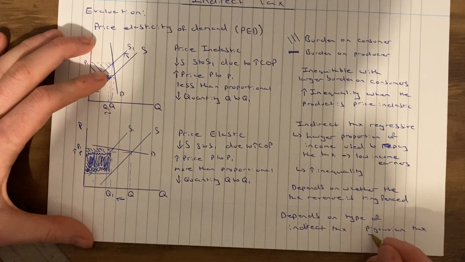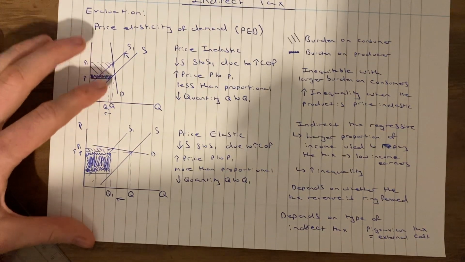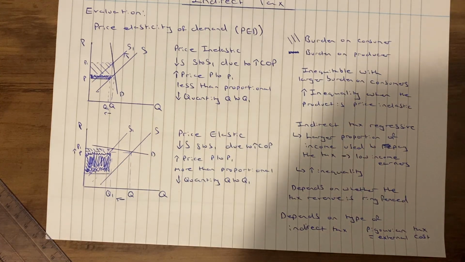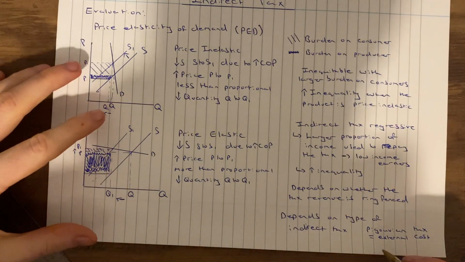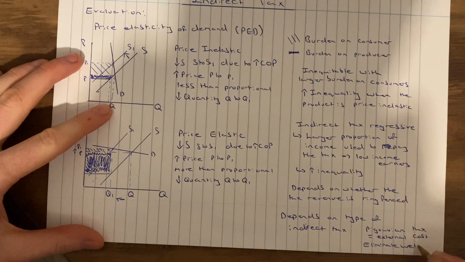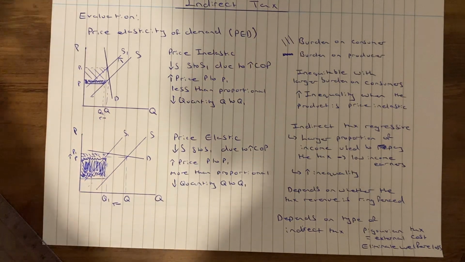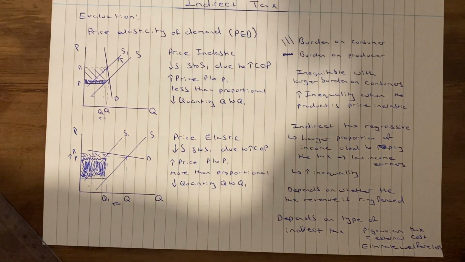And a Pigouvian tax is equal to the external cost, and this would be the ideal tax. Okay, a Pigouvian tax is an ideal tax and is equal to the external cost, and therefore this would remove the welfare loss. This would eliminate the welfare loss. So a Pigouvian tax would fully correct the market failure.